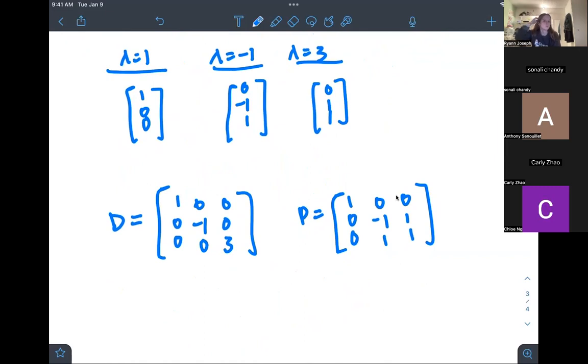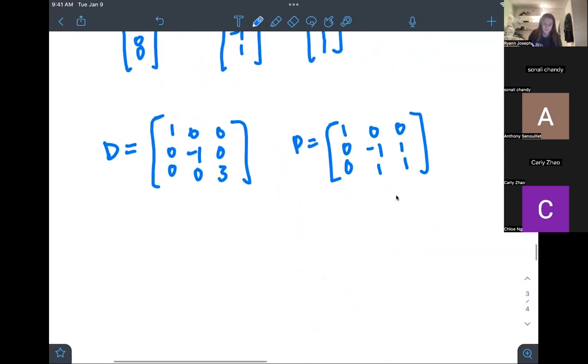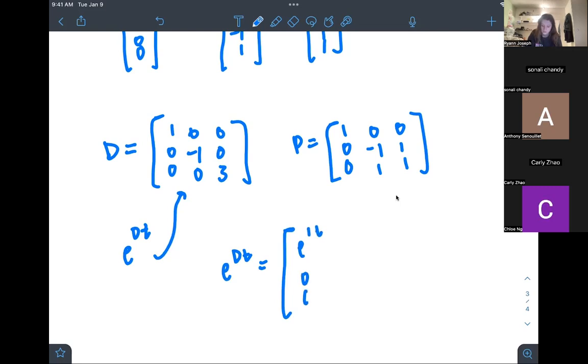Now it wants us to compute e to the Dt. E to the Dt is just e to those powers. So e to the Dt is e to the 1t, e to the negative 1t, e to the 3t.